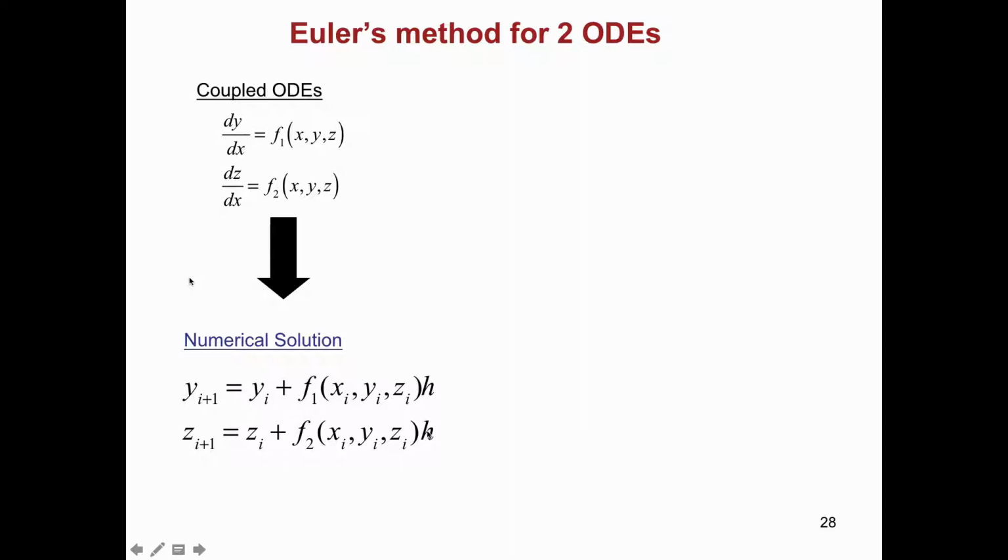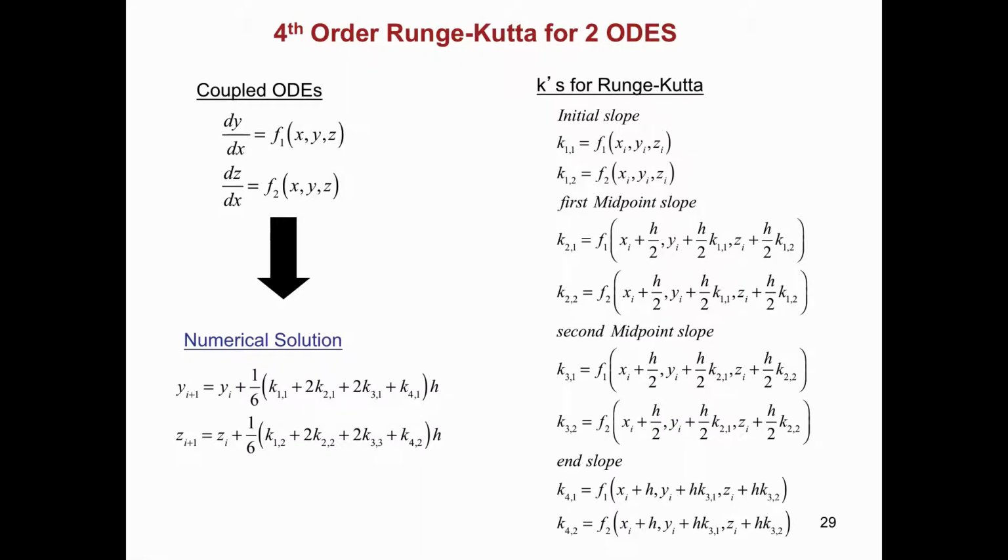If I had a better method, and I have learned that the fourth order method is better, I can actually do this with the fourth order method. I need all four slopes for my y solution and then four slopes for z. It's a little bit of writing, but it's the same approach that we used for the single equation. So systems, we approach the same.